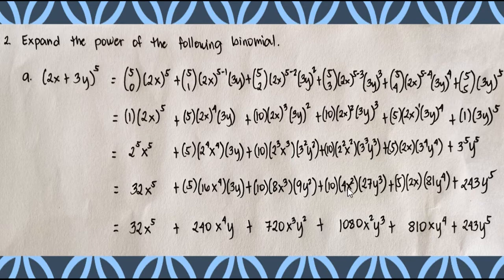Plus, 10 times 4 times 27, that is 1080, x squared, y cubed. Plus, 5 times 2 times 81, that is 810, x, y to the power of 4. Then, plus 243, y to the power of 5. Okay, that is how we expand our binomial through the binomial theorem.